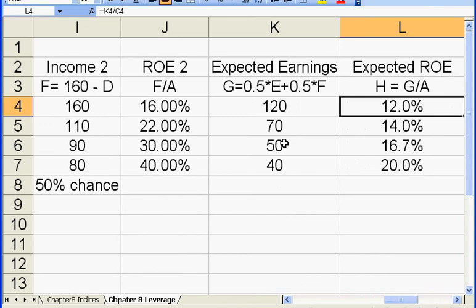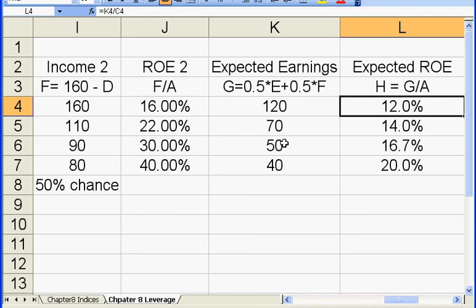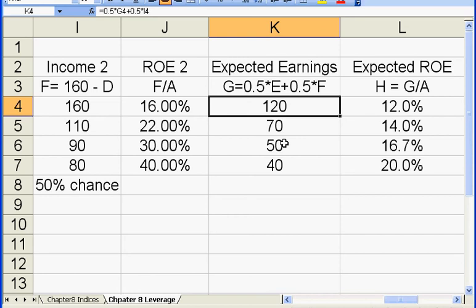Before we look at the calculation of the standard deviation, let's look at the expected net income first and the expected return on equity. The expected net income is basically the expected gross income minus whatever the interest payment is.